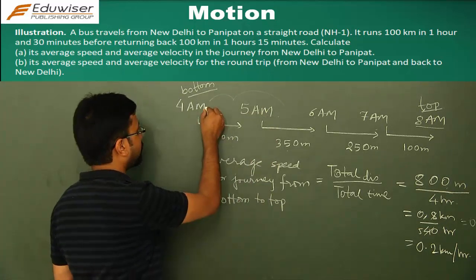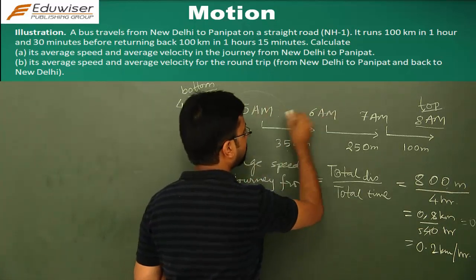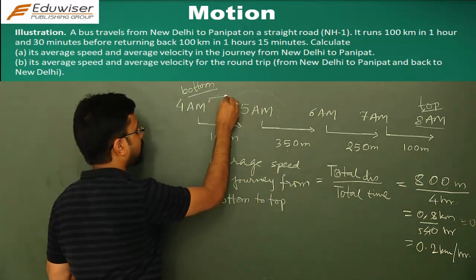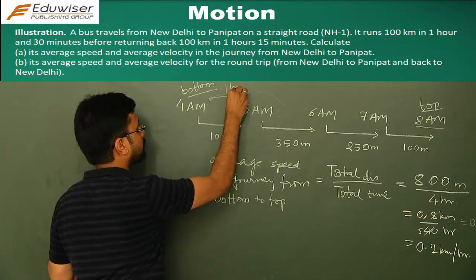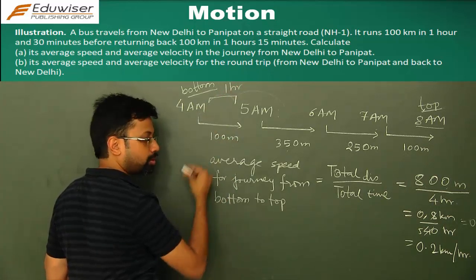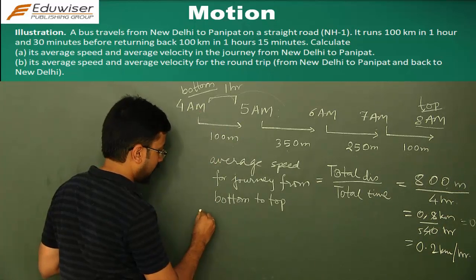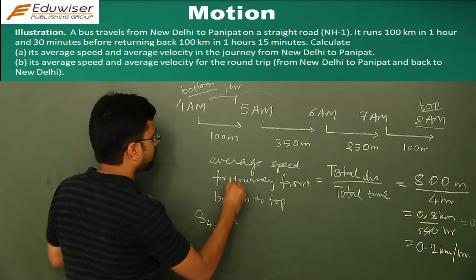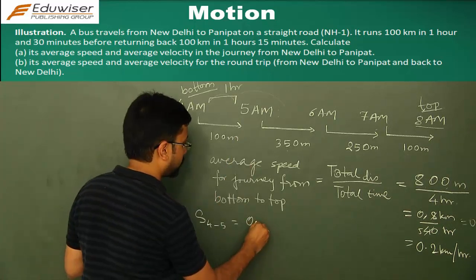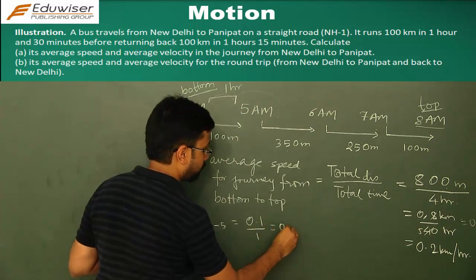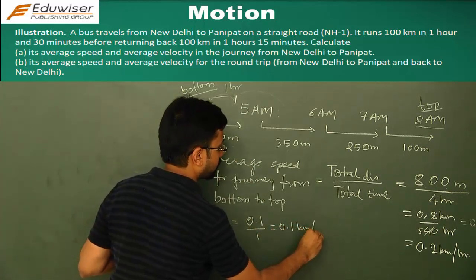What can you say about the average speed for each of these time intervals? For 4 to 5 am, the time elapsed is 1 hour and the distance moved is 100 meters or 0.1 kilometers. So the average speed from 4 to 5 am will be the total distance, that is 0.1 kilometers divided by 1 hour, that's 0.1 kilometers per hour.